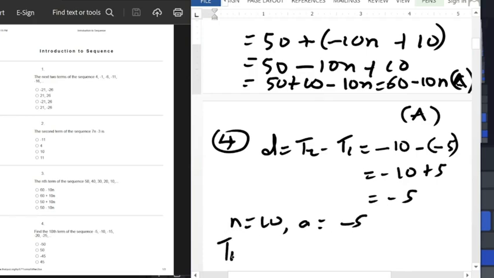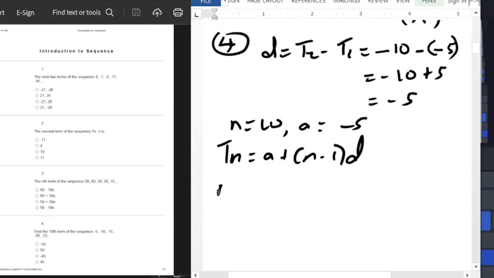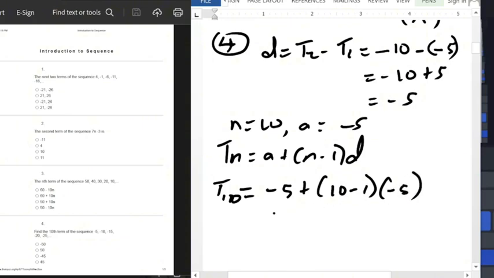So we have Tn equals a plus n minus 1 d, so T10 equals minus 5 plus 10 minus 1 times the common difference, minus 5.